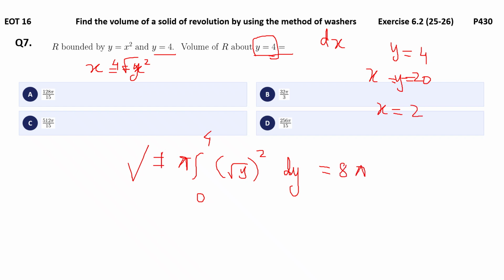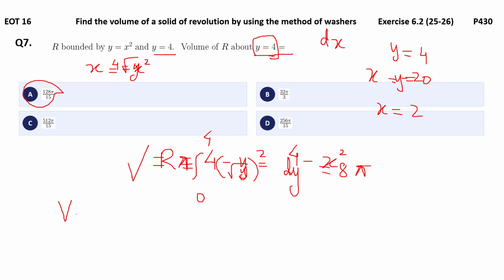And your radius will become the function 4 minus y. 4 minus, and what is y? x square. Inner radius is actually 4 minus 4, which will become 0. So we can ignore it.